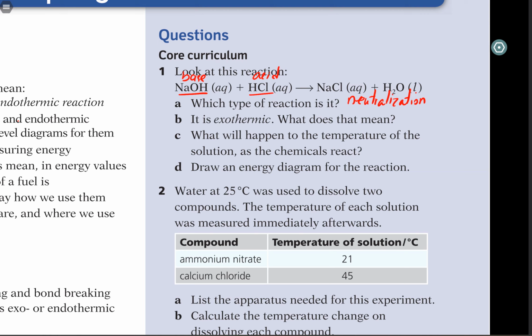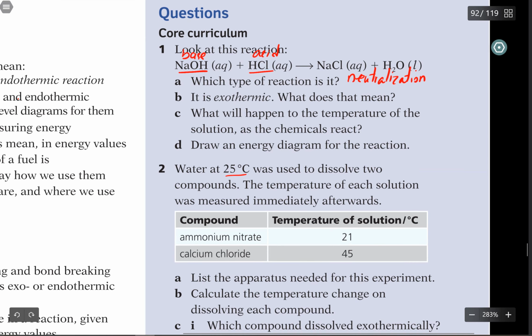Question number 2. Water at 25 degrees was used to dissolve two compounds. The temperature of each solution was measured immediately afterwards. One of the compounds is ammonium nitrate. Ammonium is NH4 plus, nitrate is NO3 minus. So the compound is NH4NO3.